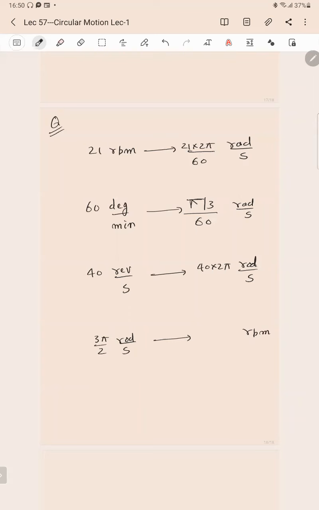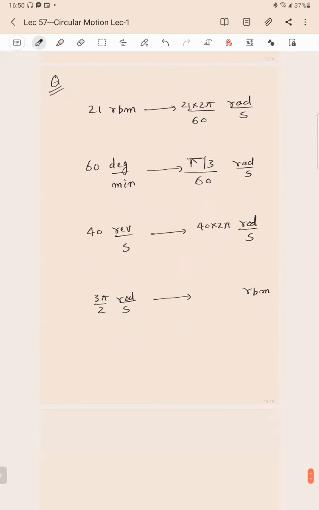Then you have 3 pi by 2 radian per second. How you did that: RPM में convert करना है. तो 1 second will be 1 by 60. 60 goes up, no doubt about it. And how you did radian to revolution, beta? Sir, 1 revolution is 2 pi, है ना? Yes, sir.